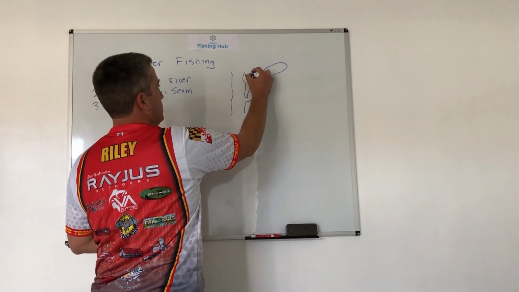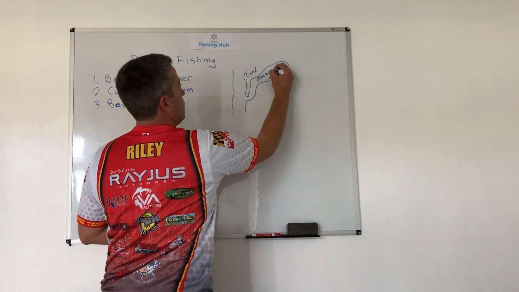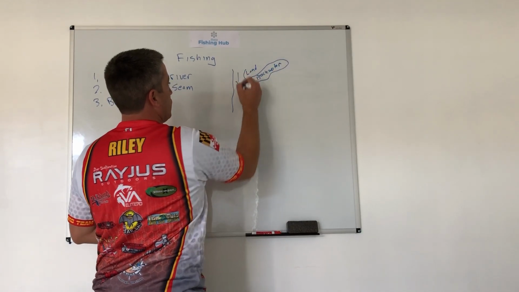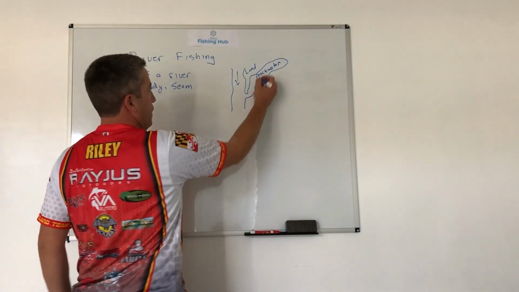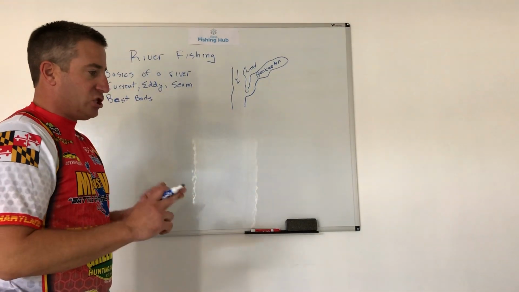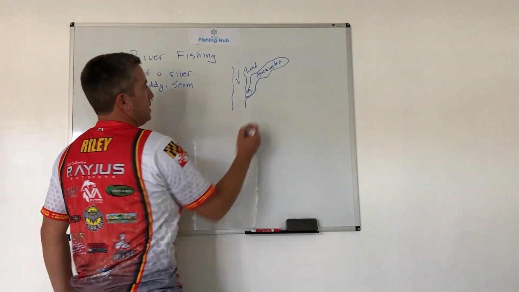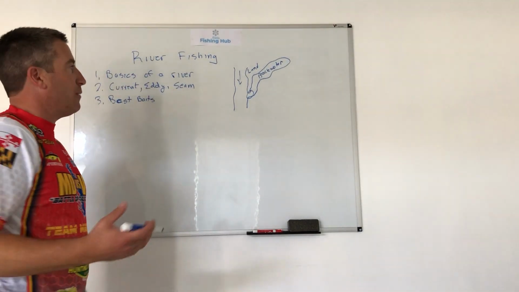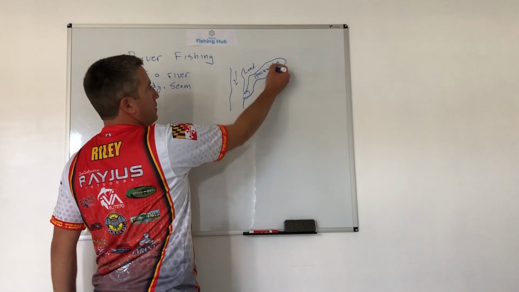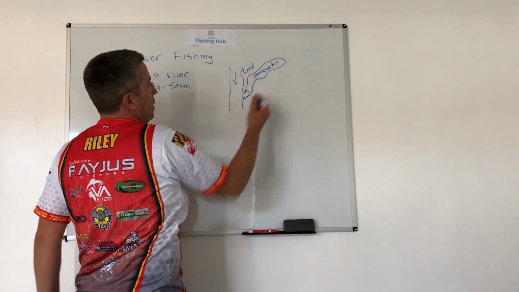This may be land here, and this is your backwaters. You've got your main river current coming down, and you have your backwater areas. During seasonal changes, particularly spring and fall, and even in the summertime, these areas can be really affected because you've got all of these fish that are either moving out or moving in.